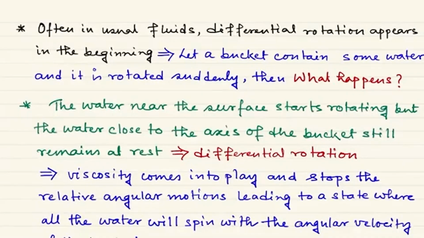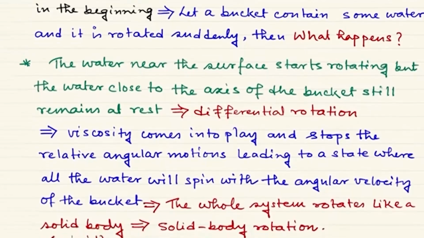You can easily understand that at the very initial point, the angular velocity near the wall is greater than the angular velocity near the axis of the bucket, right? So this actually creates an effective differential rotation.